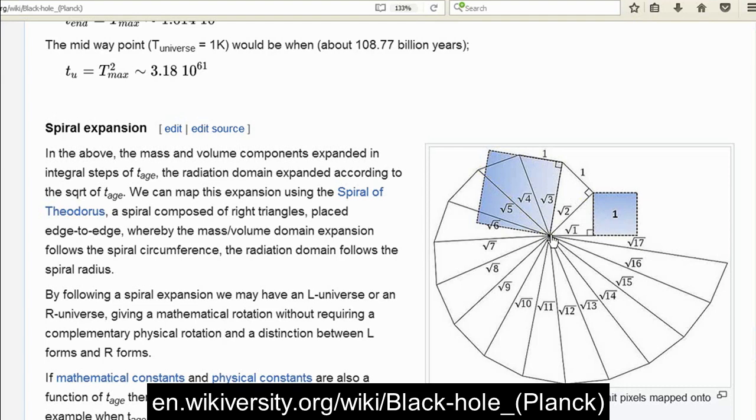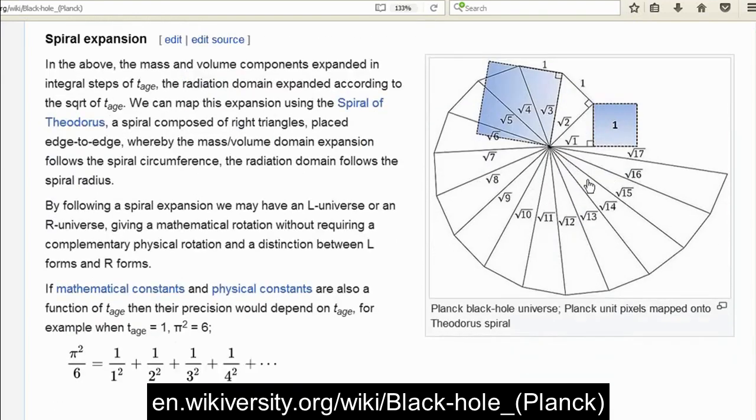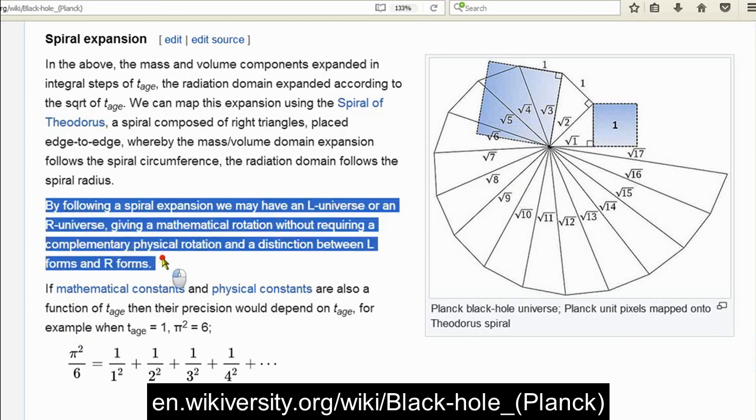Now also, if we expand the universe in a spiral pattern instead of just in a spherical pattern, then we could increase our universe, grow our universe to the left or to the right. So we could have a left spiral or a right spiral. And so any left particle in a left-handed universe, although identical to a right particle, would actually have a slightly lower energy.